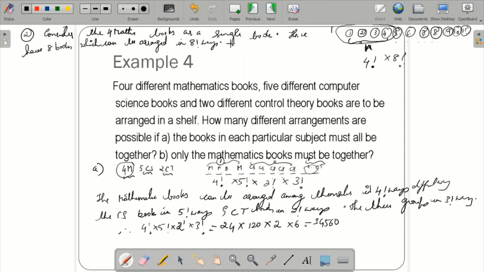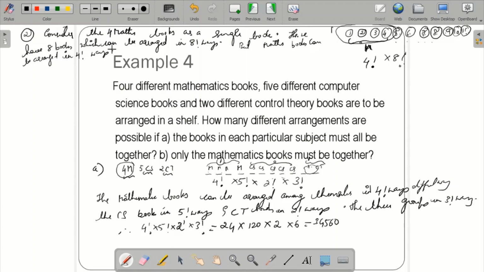But the maths books can be arranged in 4 factorial ways.